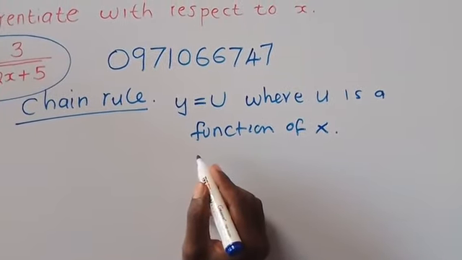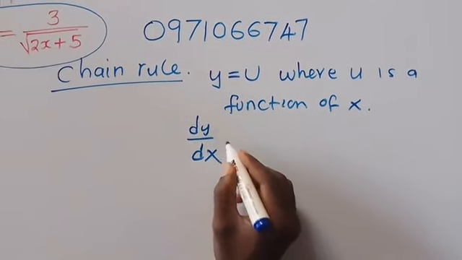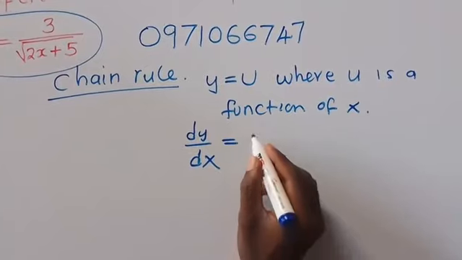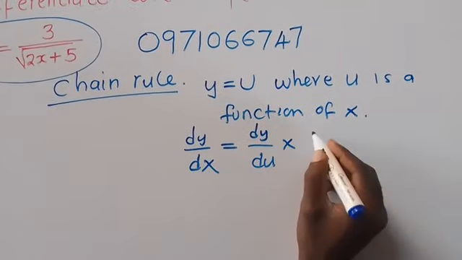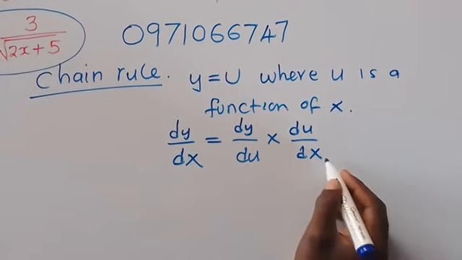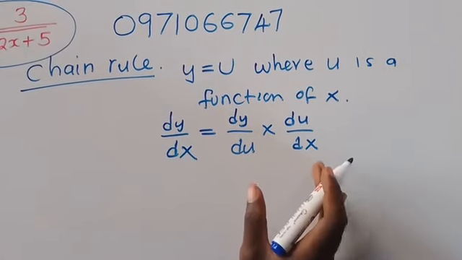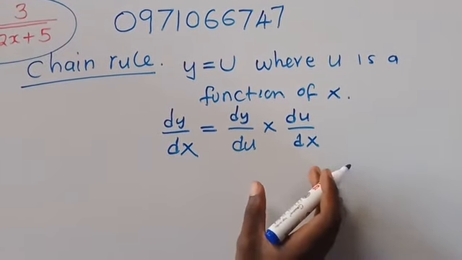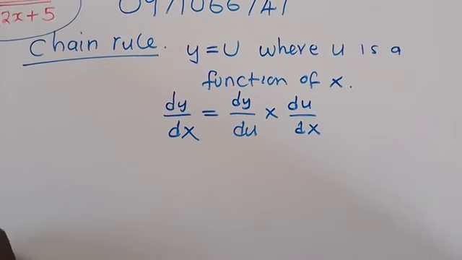The formula that we normally use is dy over dx, which is equal to dy over du multiplied by du over dx. This is the general formula that we use under the chain rule. You need to know how to use this formula.